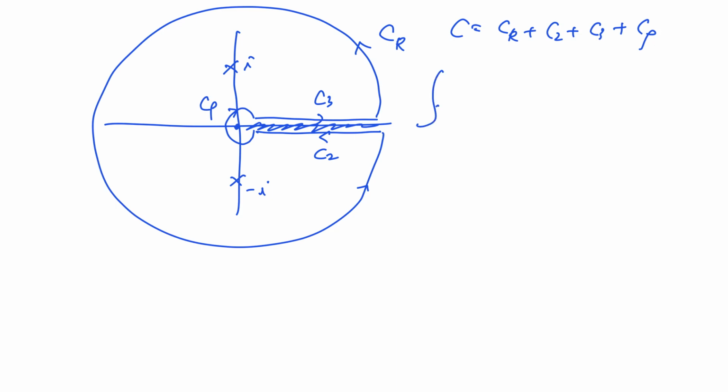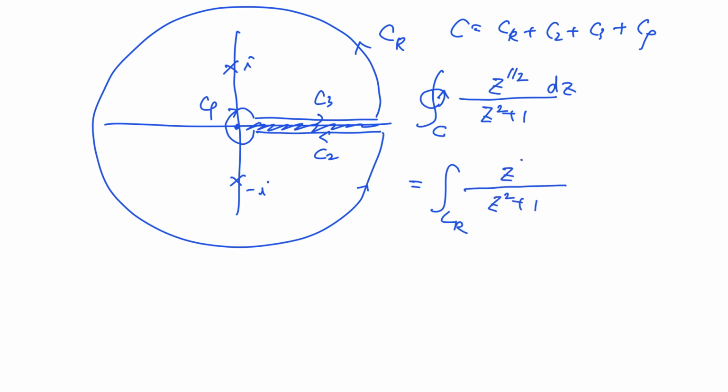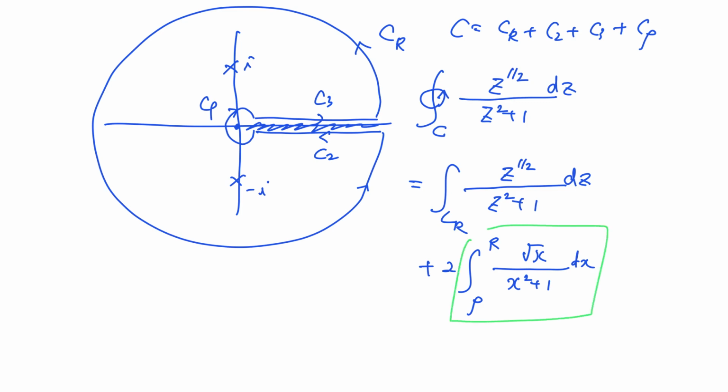The whole integration. C2 plus C3 is actually twice the integral of root 2r over x squared plus 1 root 2x dx, right? So this is actually our integral I.